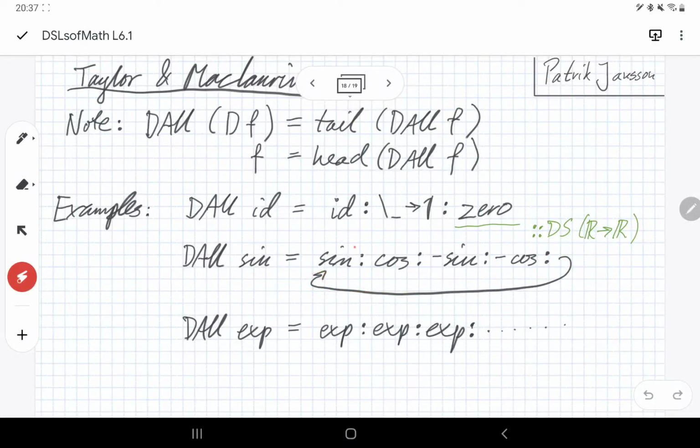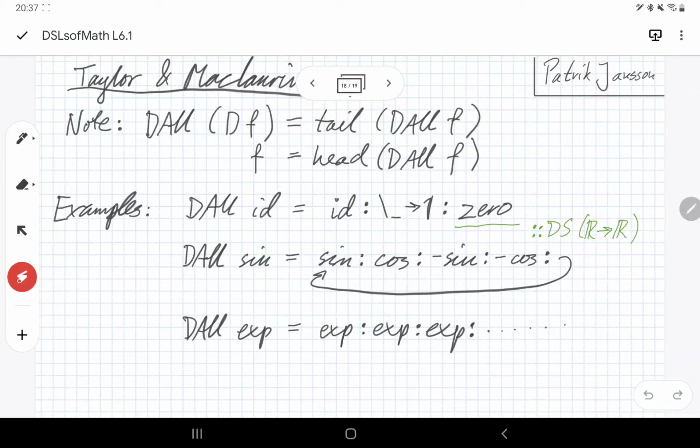The derivative of minus cosine is sine again. So this is an infinite list, but it's actually a repeating 4-element list. Nothing interesting happens after 4 steps. It's a repeat of these 4 elements. These elements are all functions, but the infinite list is a repeat of them.